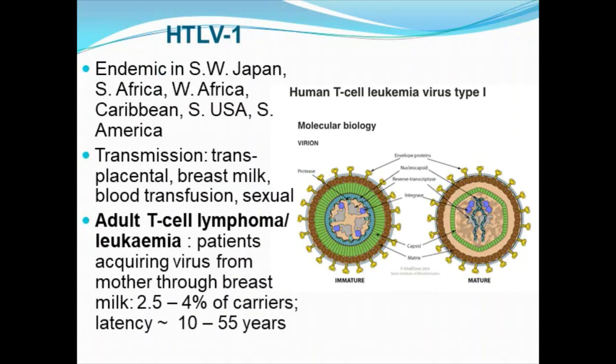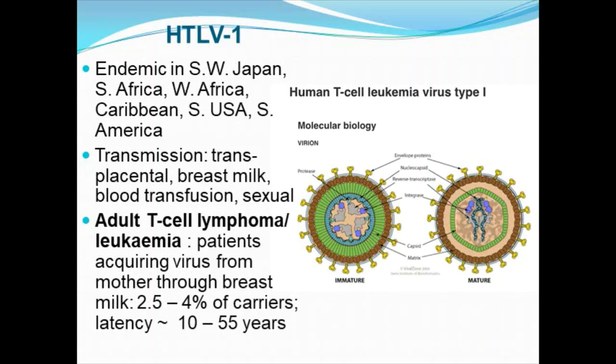Now coming to the retrovirus, that is HTLV1. This is endemic in Southwest Japan, South Africa, West Africa, Caribbean, South Asia and South America. Transmission mainly occurs through the transplacental route. It may also be transmitted from mother to baby by breast milk, and also transmitted via blood transfusion or by the sexual route.